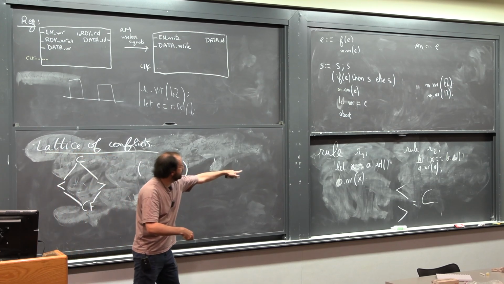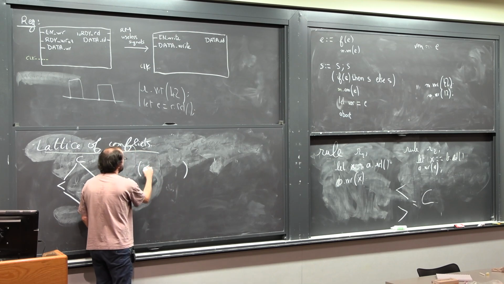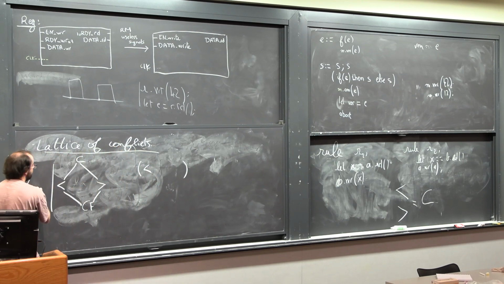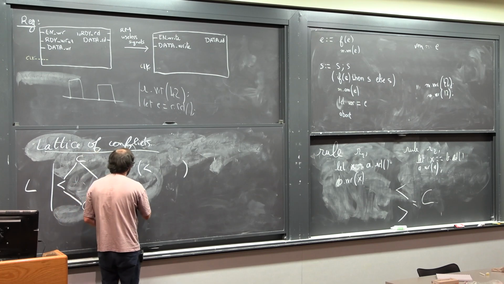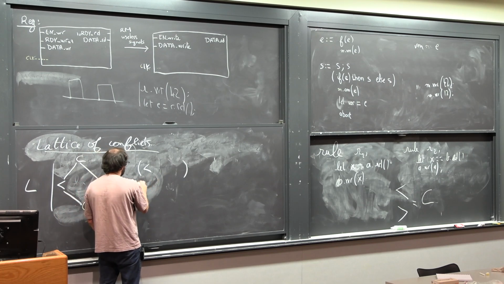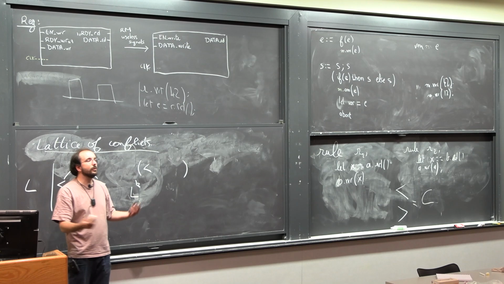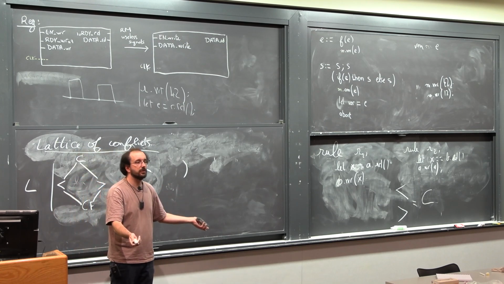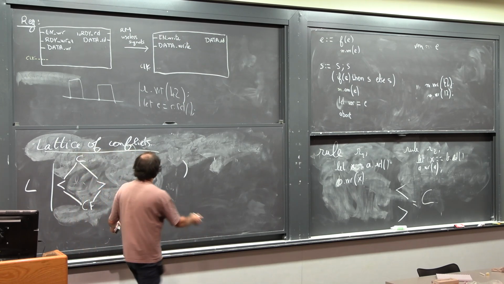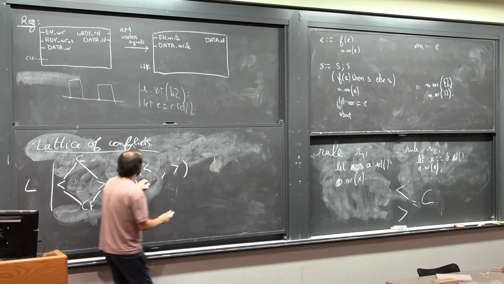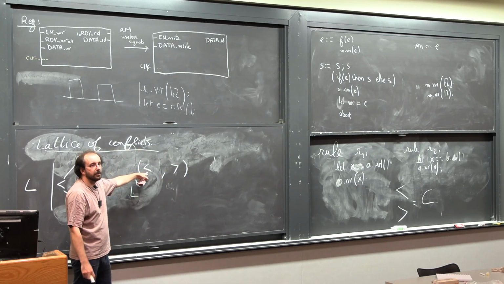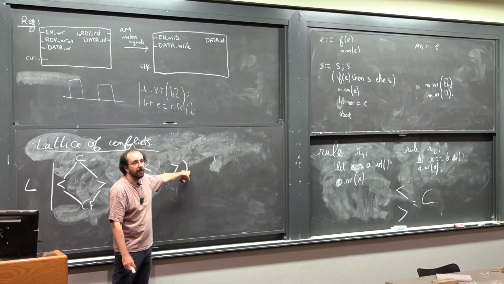In this case, I have two submodules, A and B. If I name this lattice L, I can construct some element of L to the K if I have K submodules, giving for every submethod the conflict on the submodules. In this situation, on that module I'm requiring it to happen before, and on this module I'm requiring it to happen after.